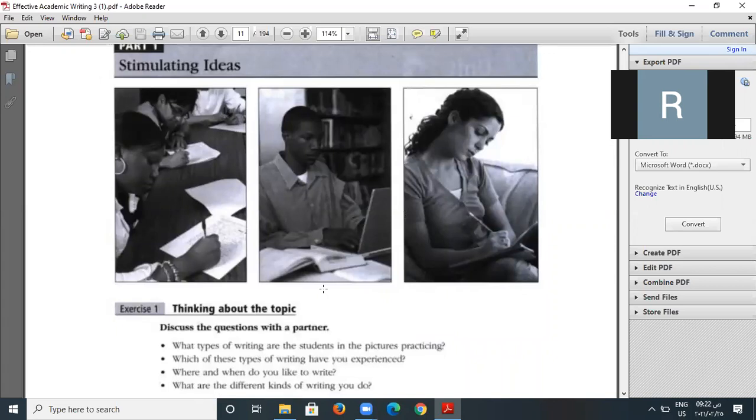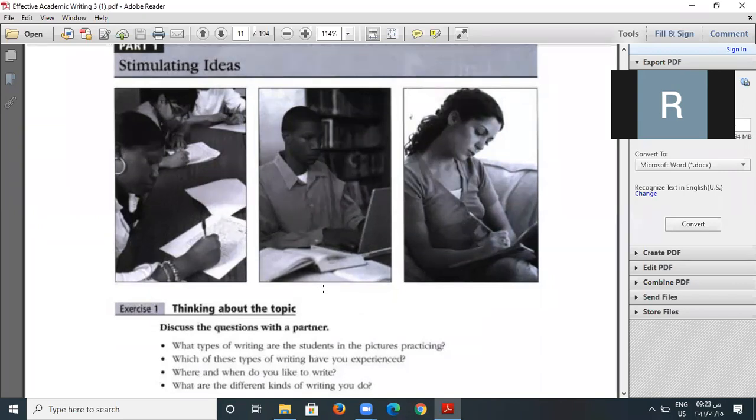Let's start with the first question. What type of writing are the students in the pictures practicing? What do you think? Essay writing. Let's look at the first picture on the left. What type of writing is the student writing?